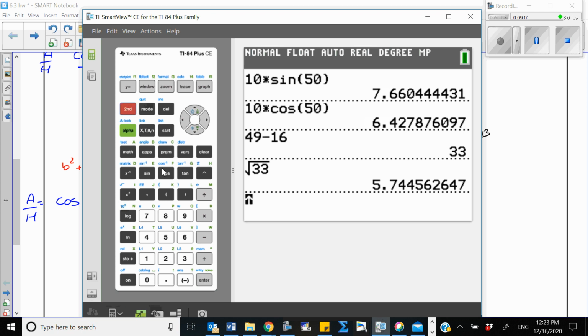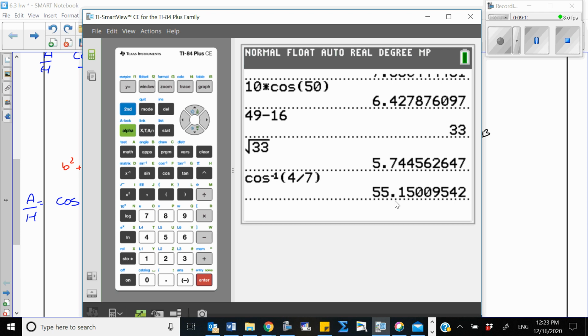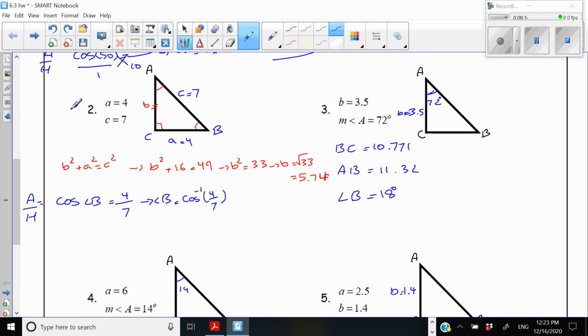Cosine -1 is here, so second cosine will give me cosine -1 of 4 over 7, and it's 55.15. So angle B is 55.15 degrees. Don't forget about this little circle here that shows that you're working with degrees.